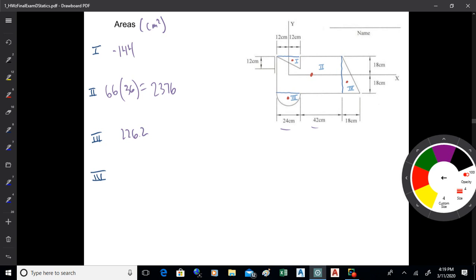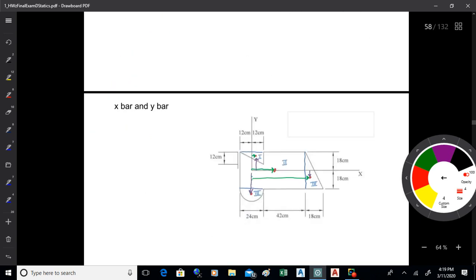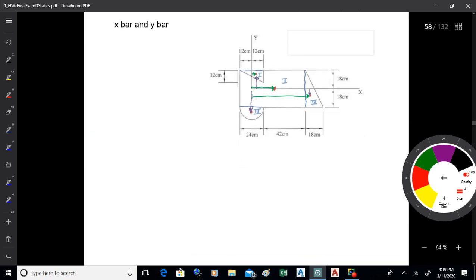Now you want to find the centroidal distances to each of them. I've got the y bar distances in purple and the x bar distances in green. Again, I like a sketch because that way if I'm making a mistake, I can look at it and see it.